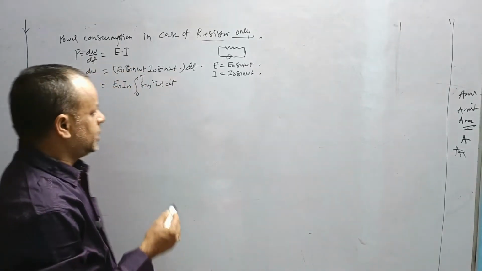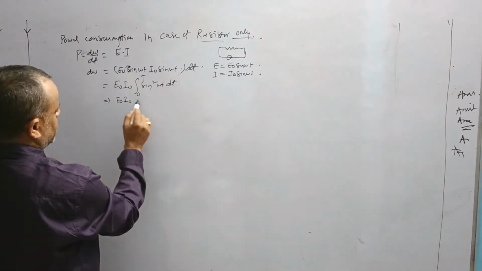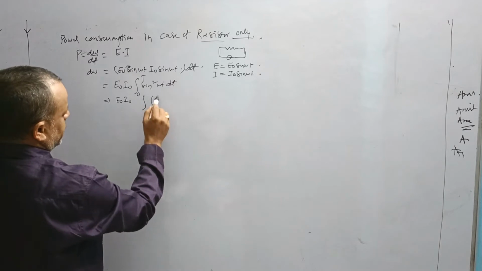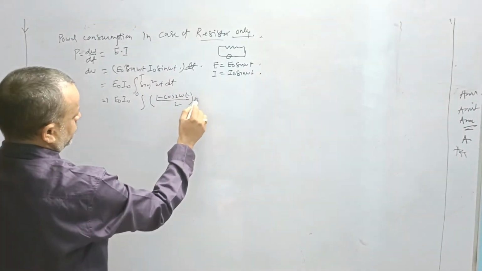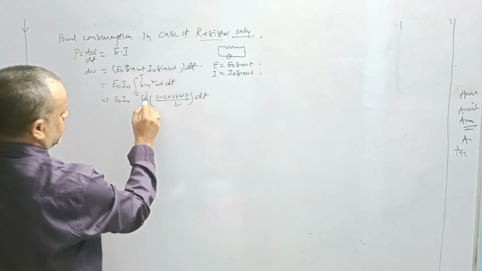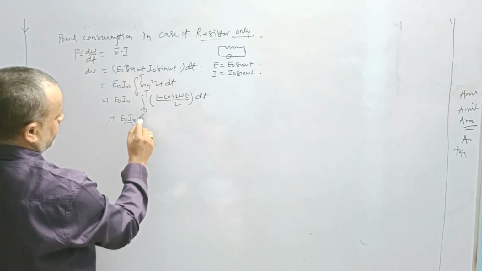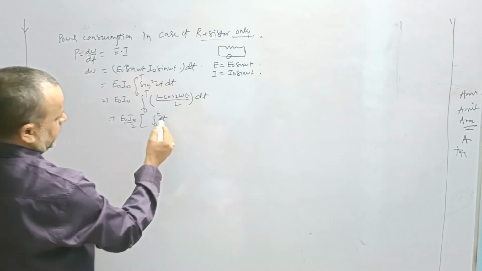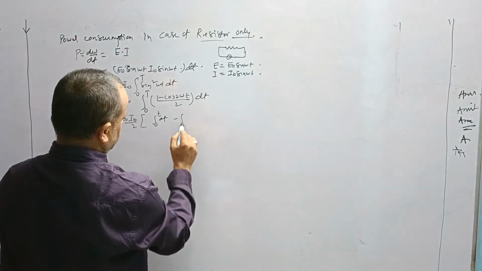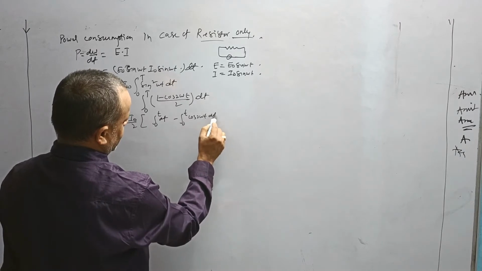What is the integration of sin square omega t? We do not have a direct formula, so we'll utilize trigonometry, and it comes out to be (1 minus cos 2 omega t) upon 2 delta t, going from 0 to T. We'll place the values: integration from 0 to T of delta t, and from 0 to T integration of cos 2 omega t delta t.